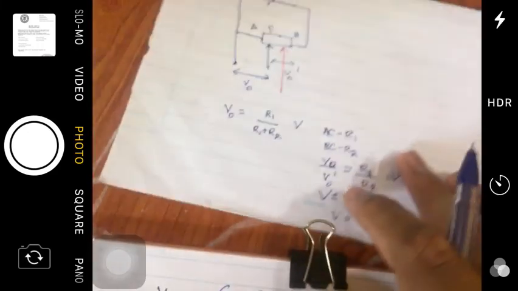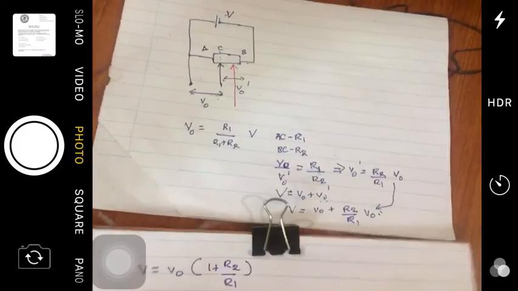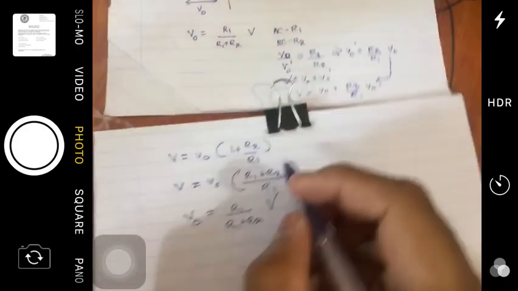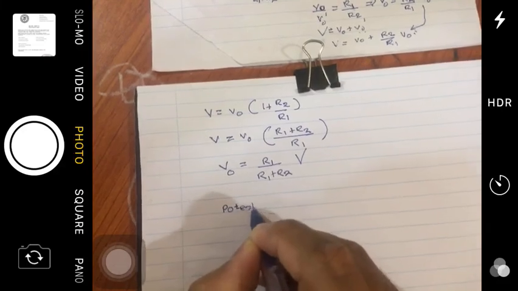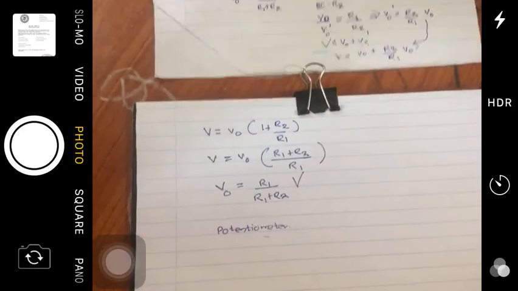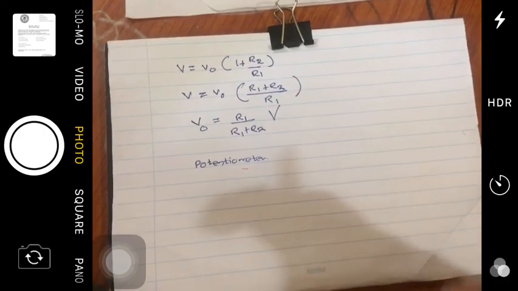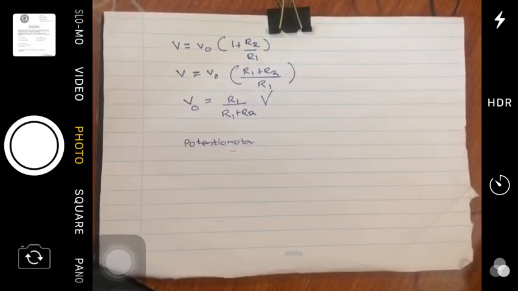So a potential divider in which the potential can be varied continuously is called a potentiometer.